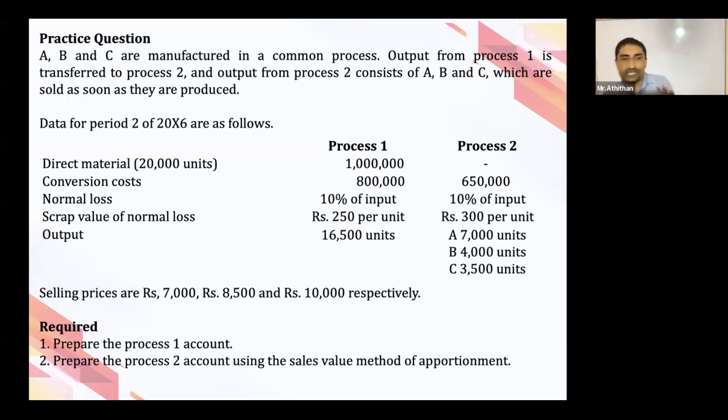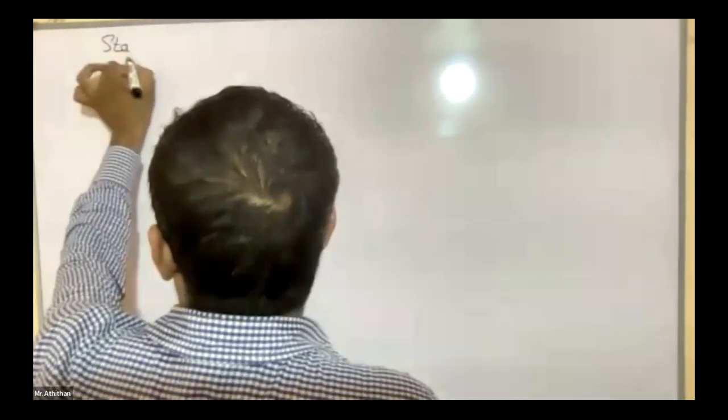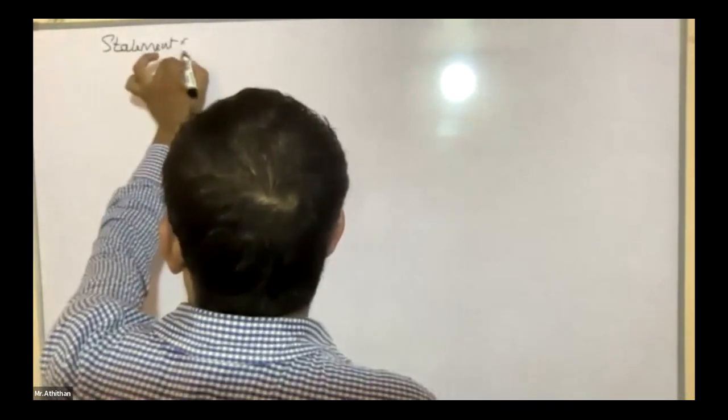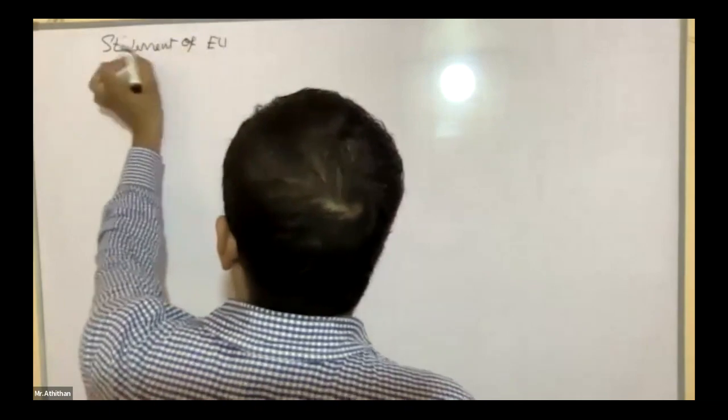Right. So if that is the case, we will produce process account 1. The first step, as usual, is the statement of equivalent units.